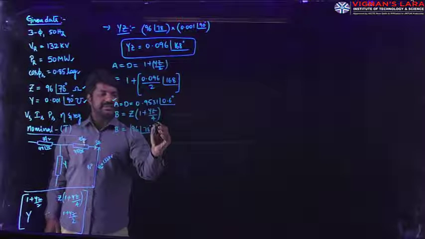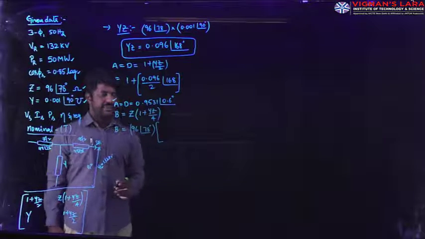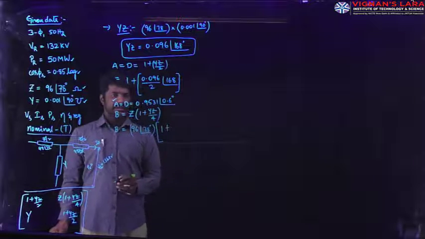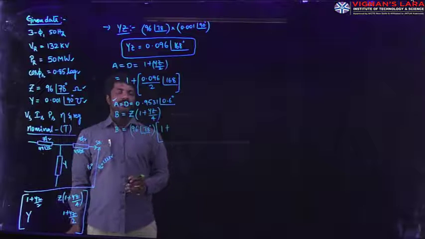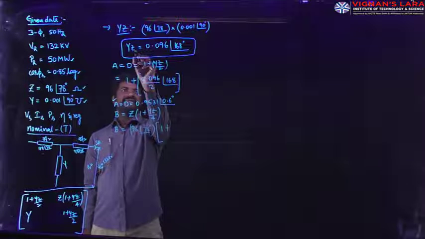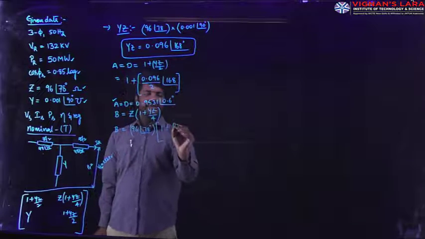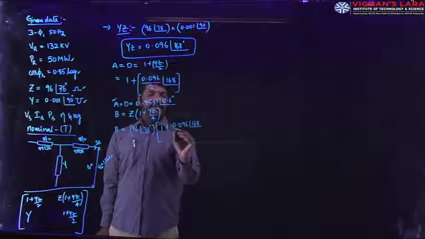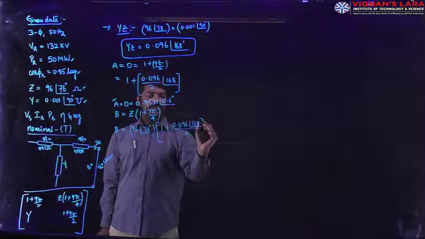The polar representation is to be multiplied with the fraction, that fractional value is 1 plus YZ by 4. For that purpose only we calculated YZ separately here. What we get is 0.096 at an angle 168 is to be divided by 4.